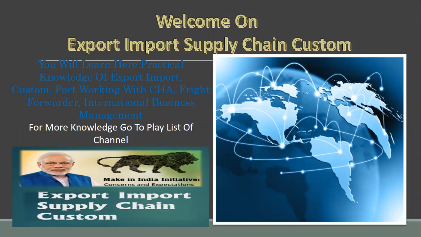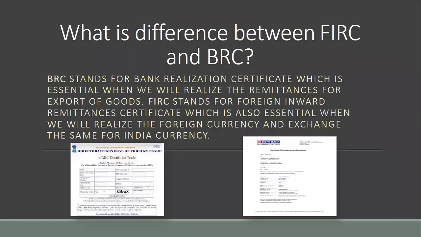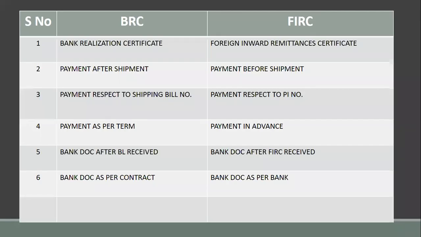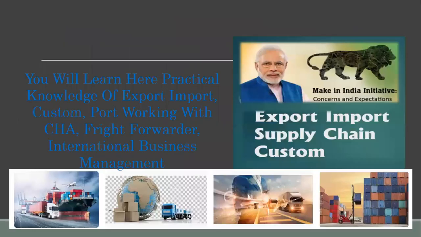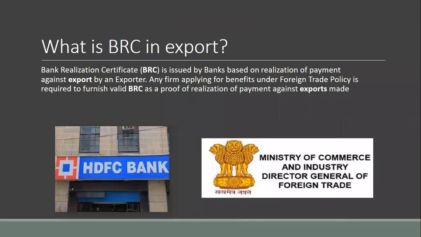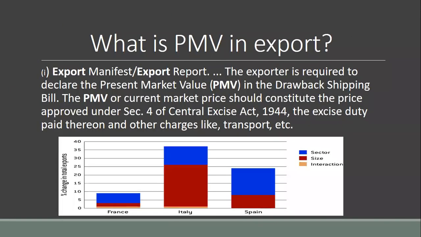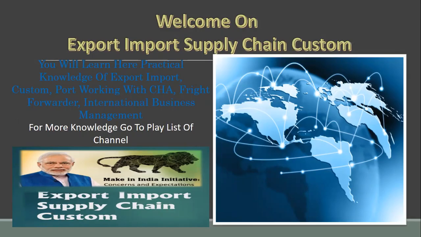In such a case, with FIRC, the bank is not able to identify the payment, so it generates the FIRC. But in the case of BRC, the bank knows that payment was received in respect of the shipping bill. So guys, we have tried to understand some basic differences between BRC and FIRC.